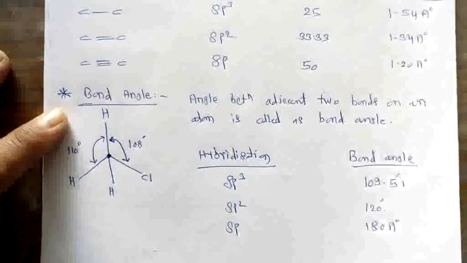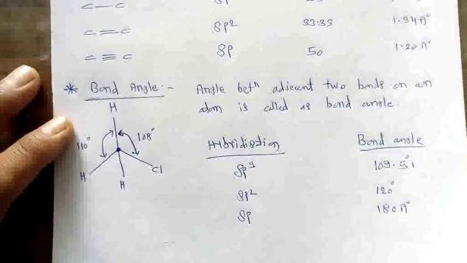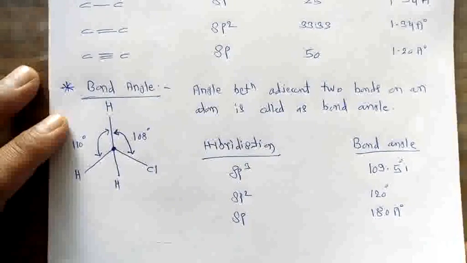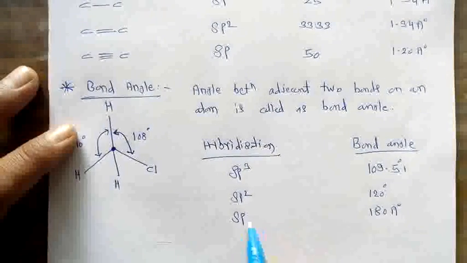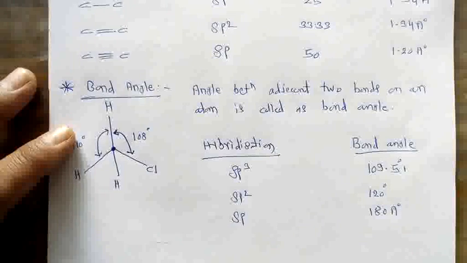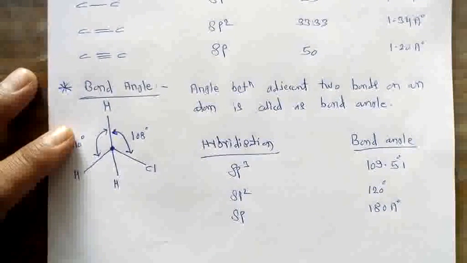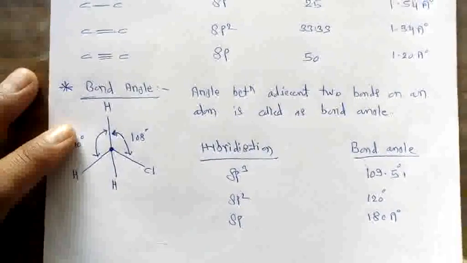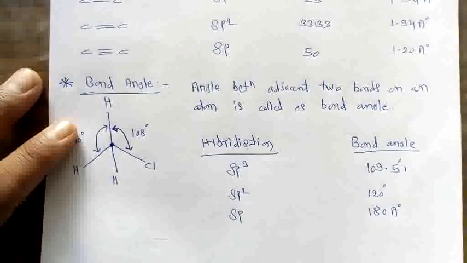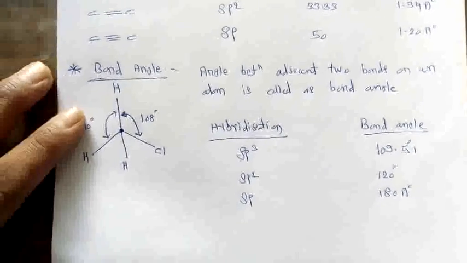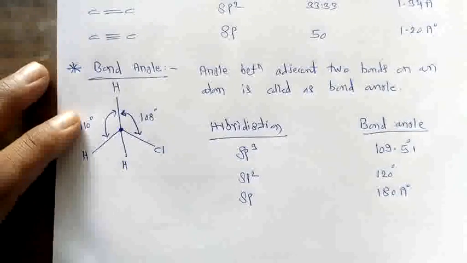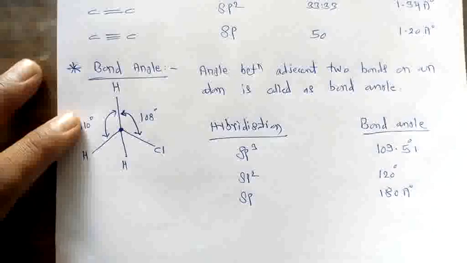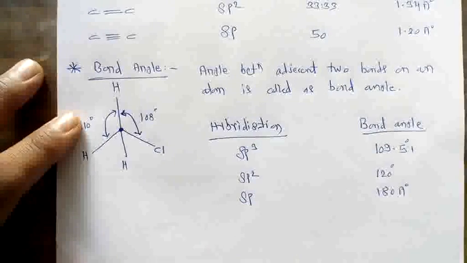So we can say that this bond angle is maximum in the case of carbon triple bond carbon compounds, that is, compounds having sp hybridization. In this way, the bond angle value depends upon the hybridization involved in a particular chemical bond. Now if we take into consideration different examples of molecules, the structure also affects the magnitude of the bond angle.